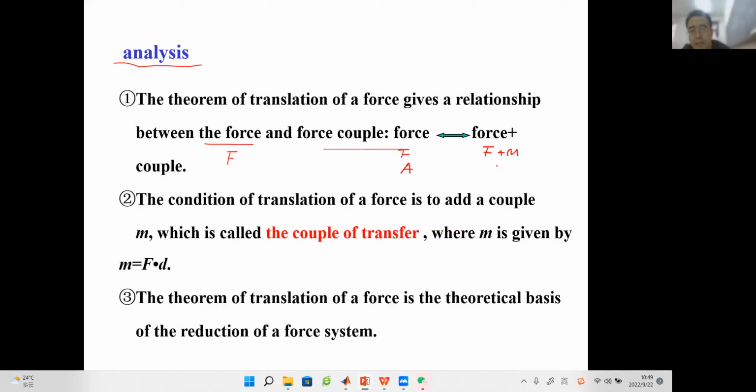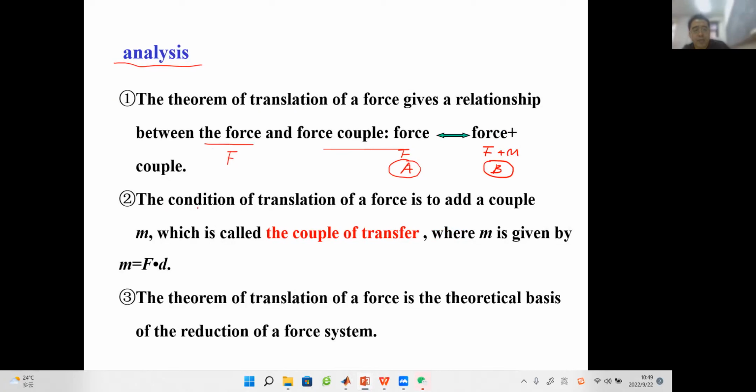Point A and point B. So it gives a relationship between the force and the force couple. A force is equal in effect to another force plus a couple. The difference is that its action point is different. So when you translate a force, you should always remember to add a moment at the new point. That's the first analysis.